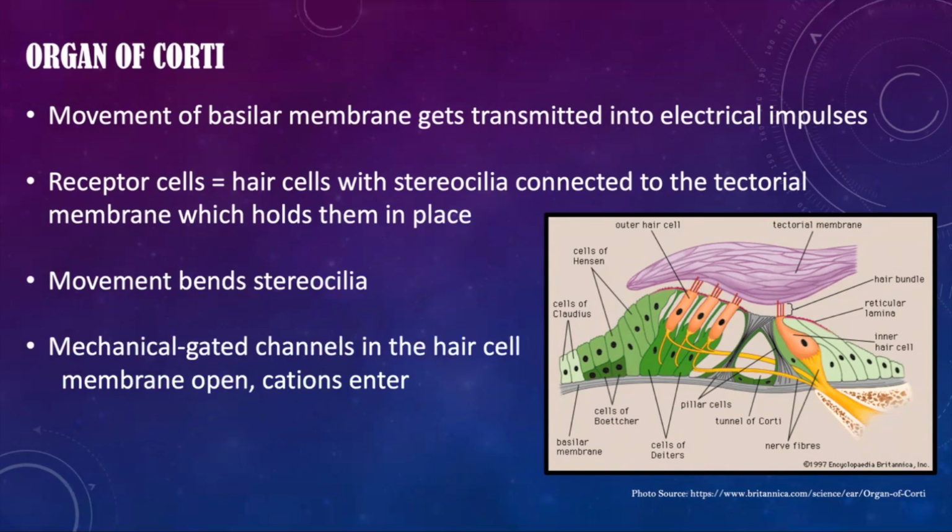This creates a response. The mechanically gated channels in the hair cell membrane open and cations enter. So as we know, cations have a positive charge, and this leads to depolarization of the hair cell's membrane potential.